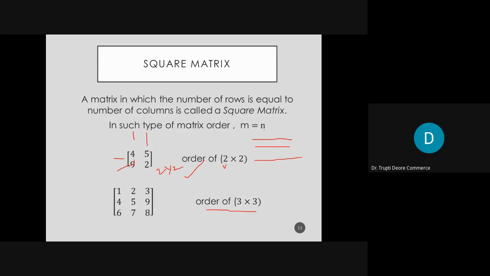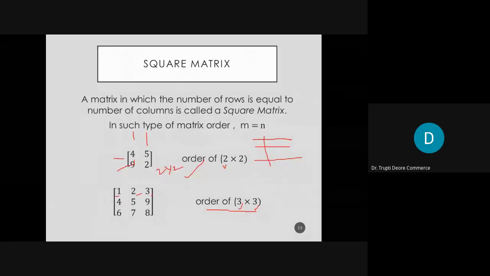When we go for addition, subtraction, multiplication or division, we have to know how to read the matrix. So for a matrix, we always read the row first, then we go for the column. So row 1, 2, 3, 4, 5, 9, 6, 7, 8. There are 3 rows and 3 columns, so this is a matrix of order 3. When the number of rows is equal to the number of columns, it is called a square matrix. Square.